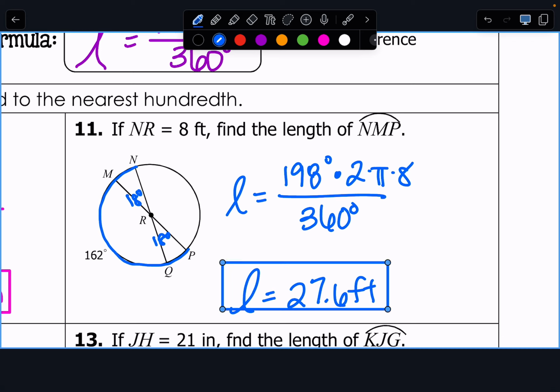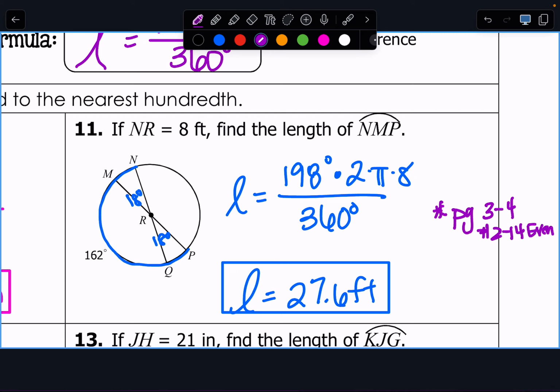You should be getting 27.6 in your calculator. So what's 27.6 feet? That blue piece of the circumference I have highlighted. No, it's not degrees. The degree measure is 198 degrees, but if I wanted to measure it with a ruler, it'd be 27.6 feet. Okay, so your homework, you guys.